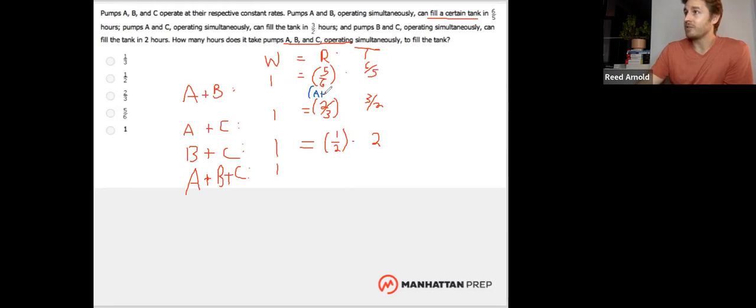This is A's rate plus B's rate. And this rate is A's rate plus C's rate. And this rate is B's rate plus C's rate. So I don't ever actually have individual rates. I only have sums of their rates. But if I add those up anyway, what I'm going to end up having is like if I had 2 A's, 2 B's, and 2 C's.